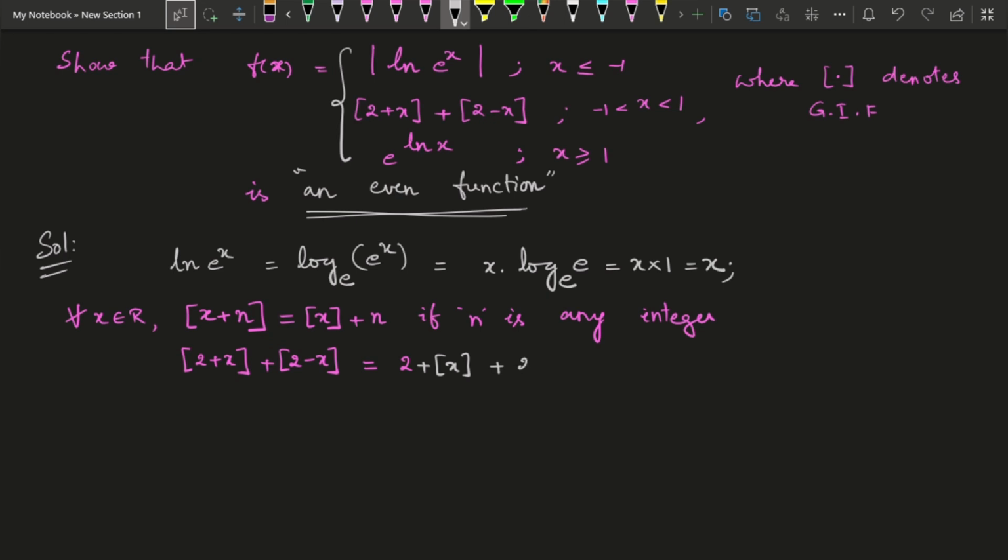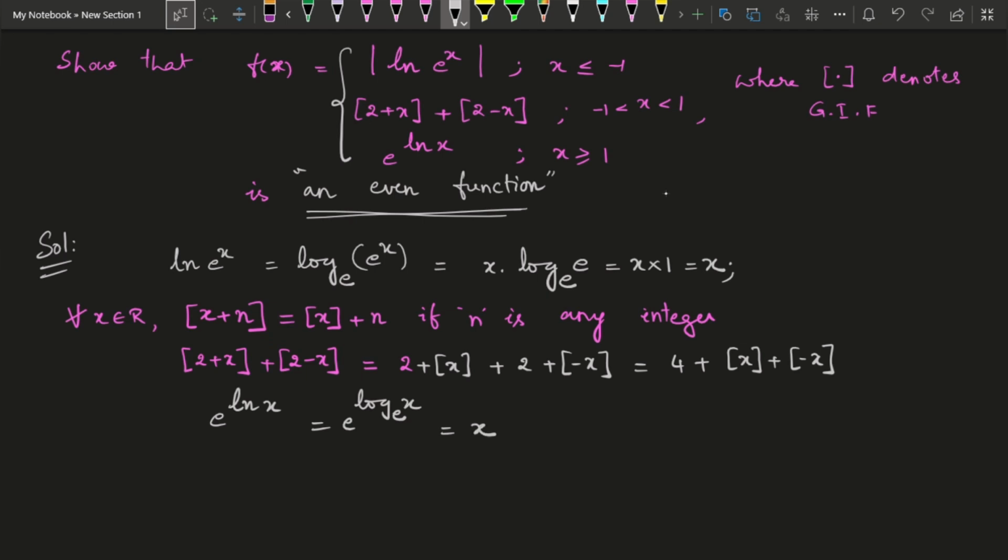Even here, 2 plus integral part of minus x. 2 plus 2 how much? 4 plus integral part of x plus integral part of minus x. Similarly, I am going to simplify the third function. e power ln of x, that means e power log of x to the base e. Since exponential and logarithmic bases are equal, obviously it is x.